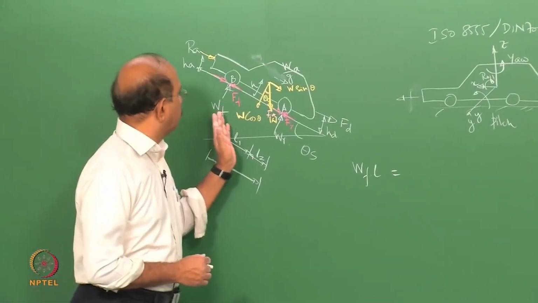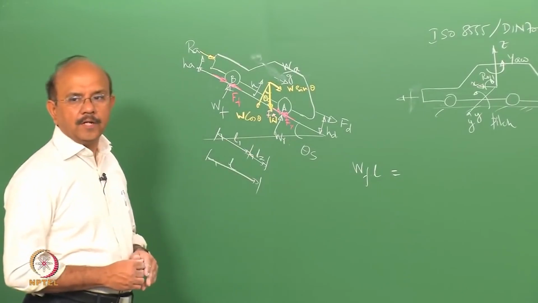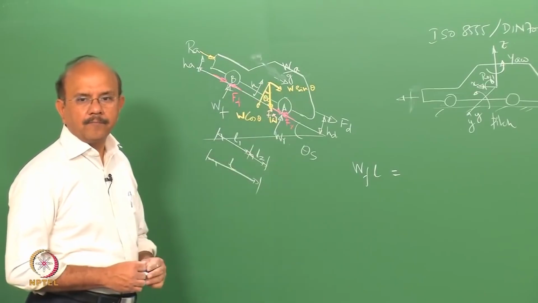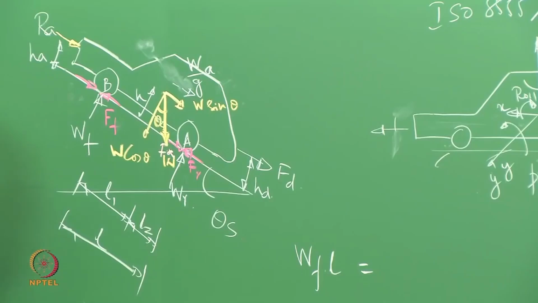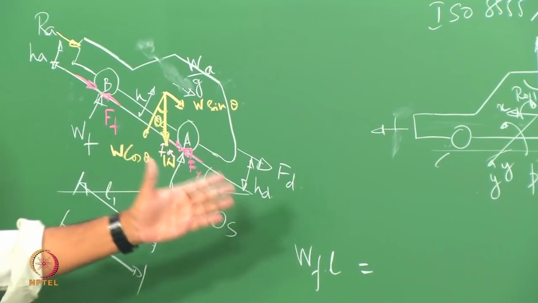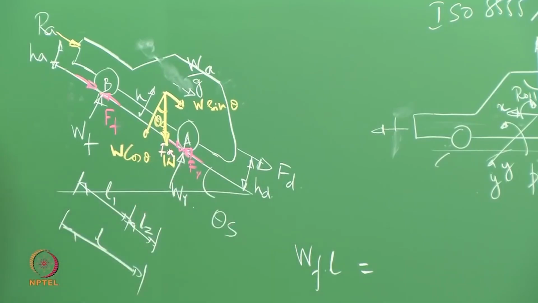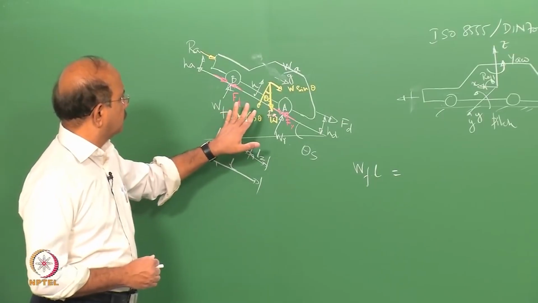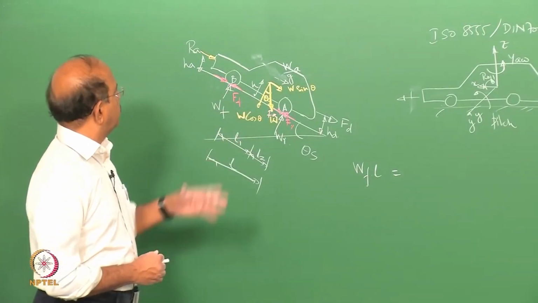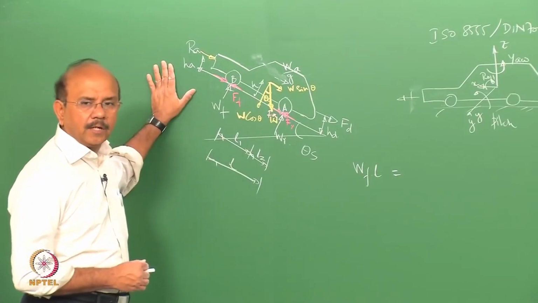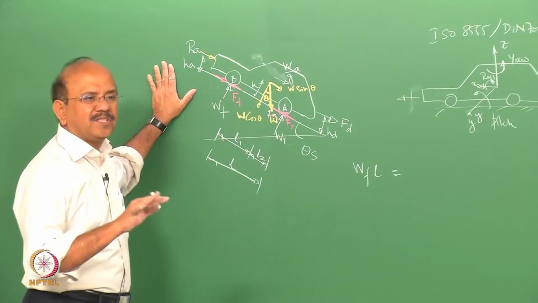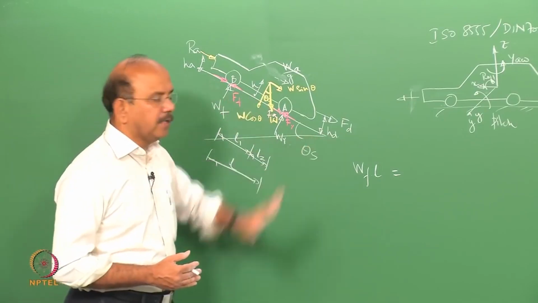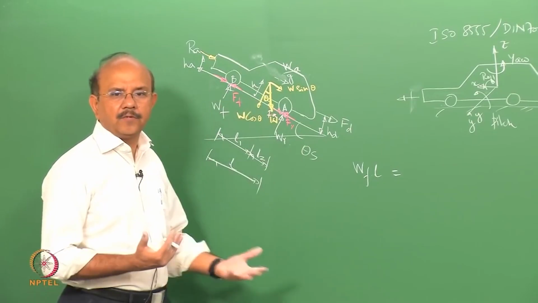WF into L is in the clockwise direction, so accordingly put the moment due to the forces, put the signs properly, and we will see how we end up with this equation in the next class. We are going to make some assumptions with respect to these heights. We would see that usually in a passenger car these heights are almost the same, and we will make an assumption that HA is equal to H is equal to HT. Okay, that makes our life simple.